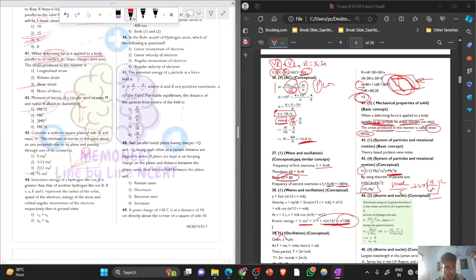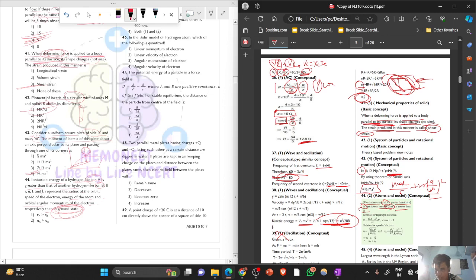Now moving ahead, the ionization energy of hydrogen-like atom A is greater than that of another hydrogen atom B. If r, u, and E represent the radius of the orbit, speed, and energy, and angular momentum of the electron respectively, what will be the result in the ground state? Now moving to the solution, if the ionization energy of A is greater than that of B, the atomic radius of A is smaller than that of B. And from energy, it is minus 13.6 Z square by n square, where n is equal to 1.